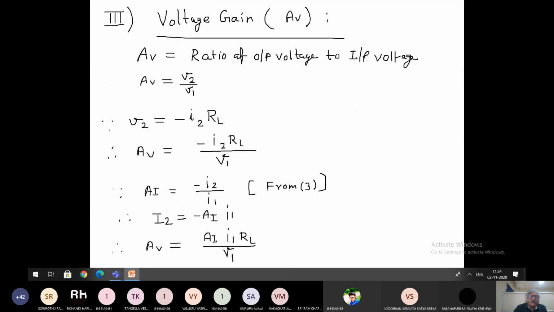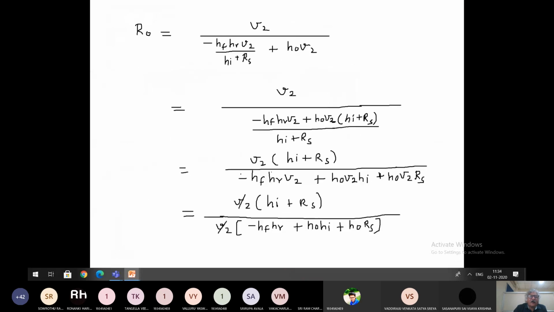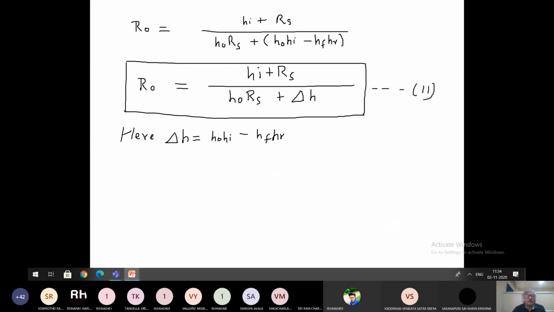But if in this expression we think about an ideal voltage source, RS should be 0.